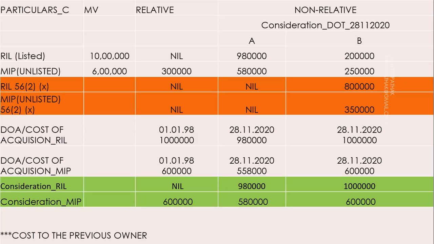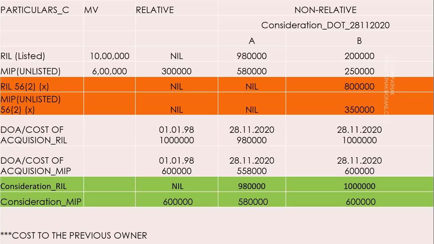Now we go to B. I sold RIL at 10 lakh. Fair market value for RIL, I am selling it to B is 10 lakh. In the case of column B, it is 2 lakh. So 10 lakh minus 2 lakh. In the case of RIL, 56(2)(x), B has to pay tax on 8 lakh.